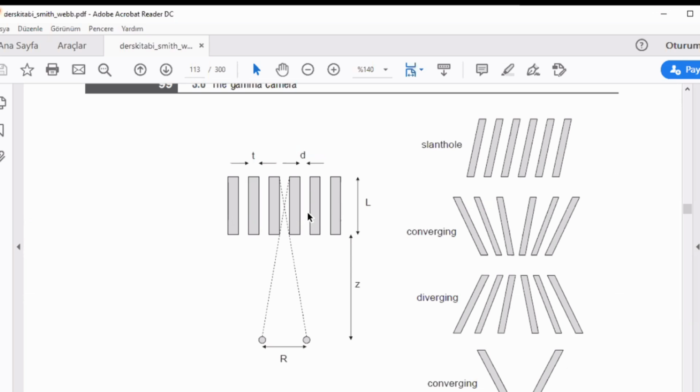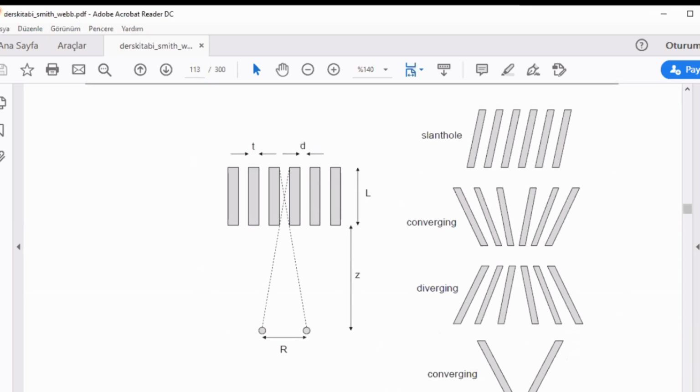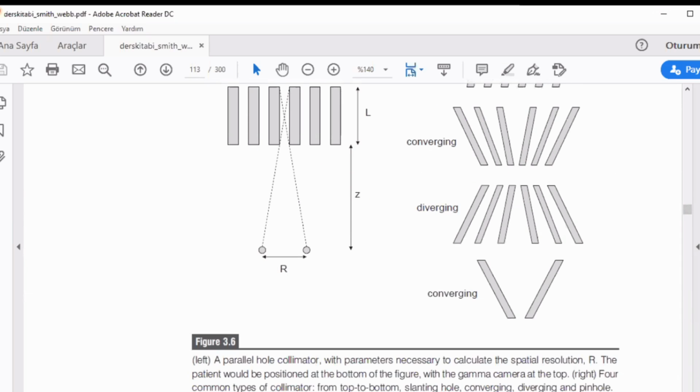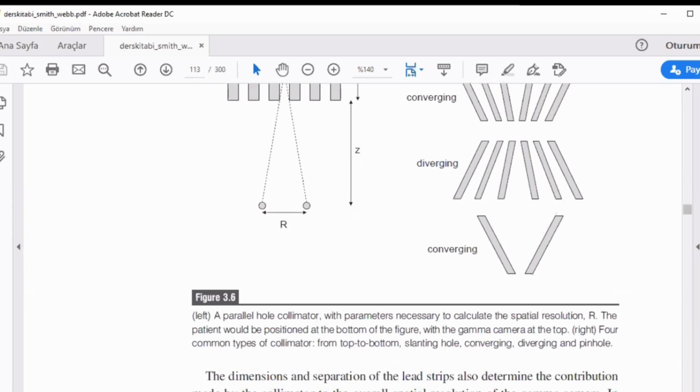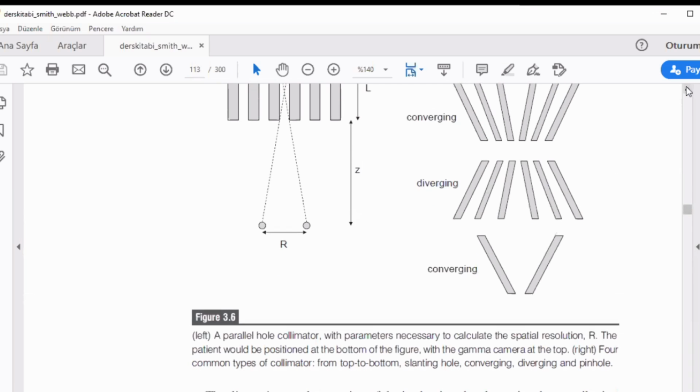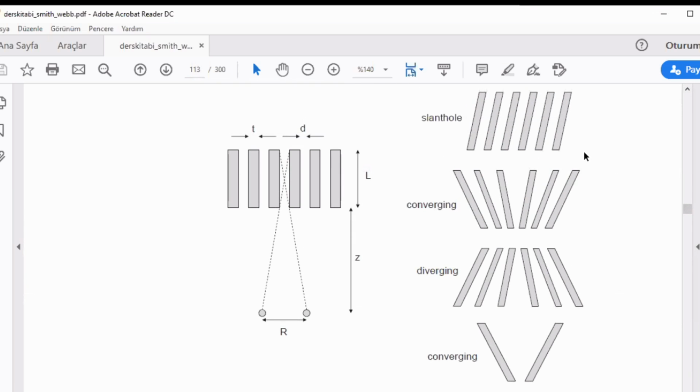Similar to parallel, slant hole, converging and diverging kinds of collimators are also possible or utilized in special investigations. You can imagine that this is for smaller organs, where concentrated gamma rays are imaged to a larger imaging field of view.